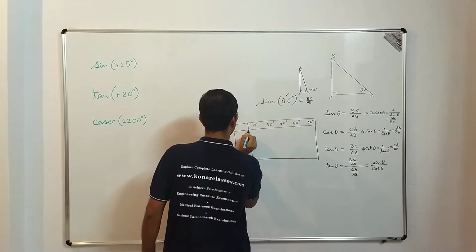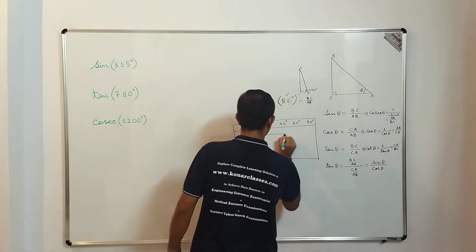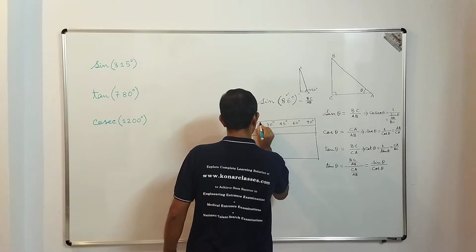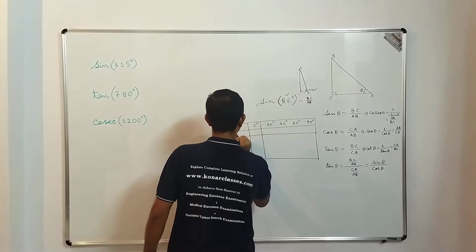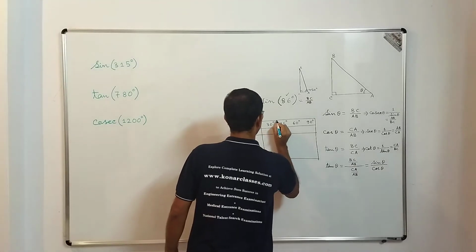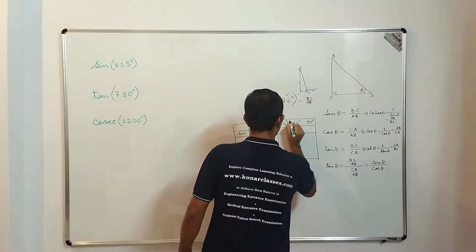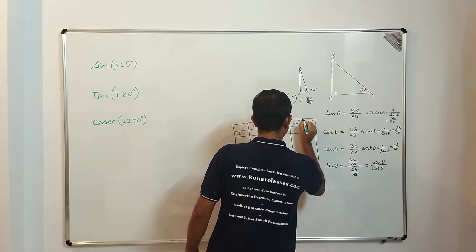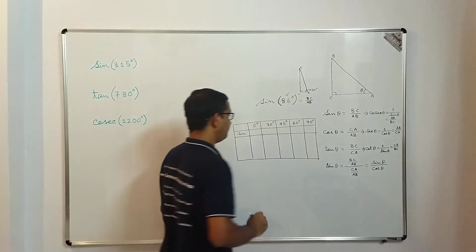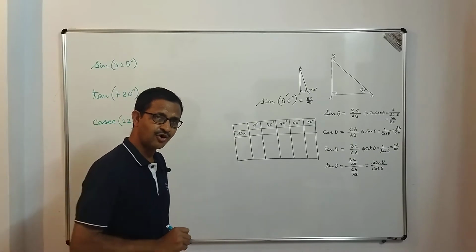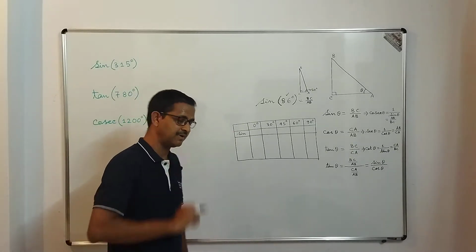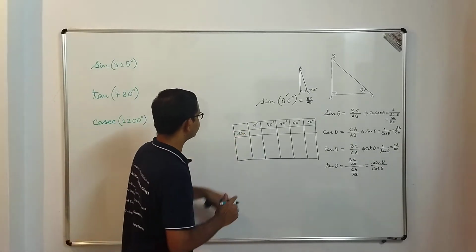So what is this? First I want to do it for sine. So sine 0 degree, 30 degree, 45 degree, 60 degree and 90 degree. These major angle values of trigonometric ratios you need to remember. What is the value of sine 0 degree?